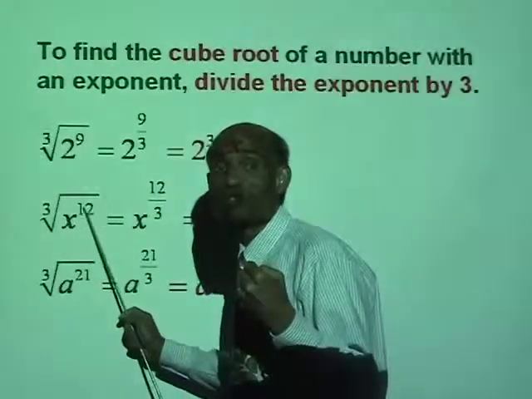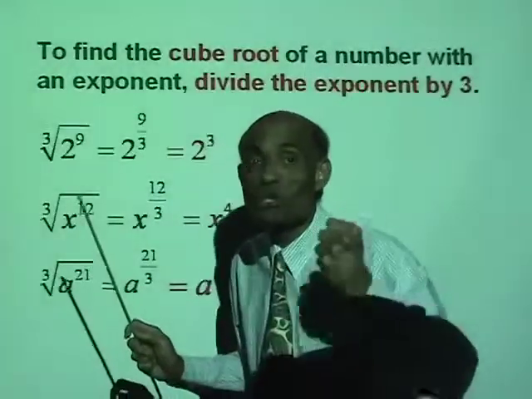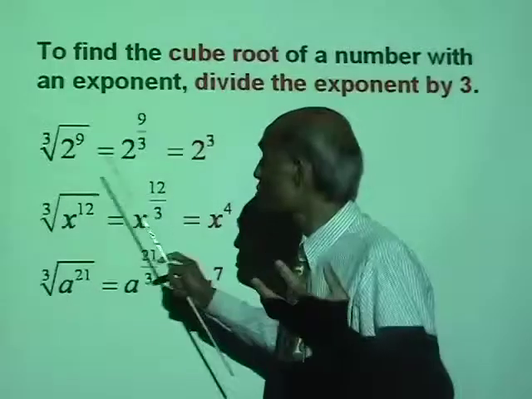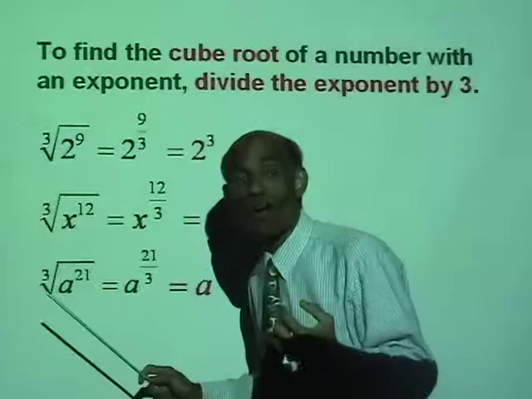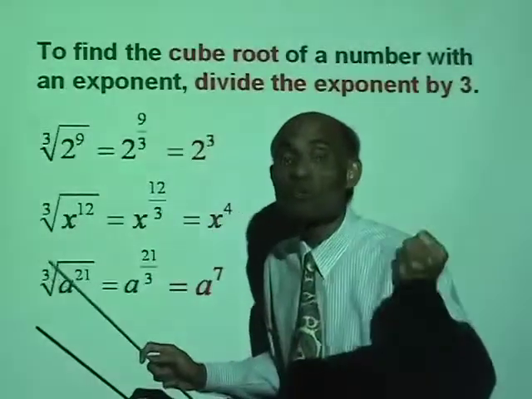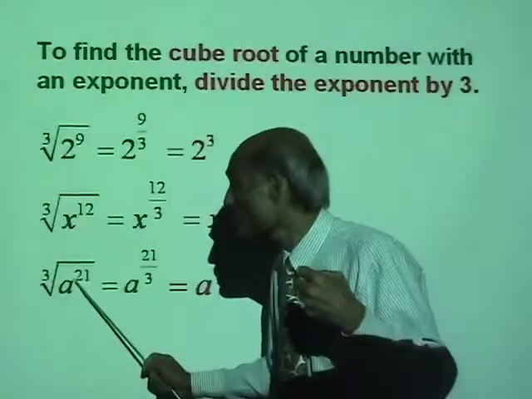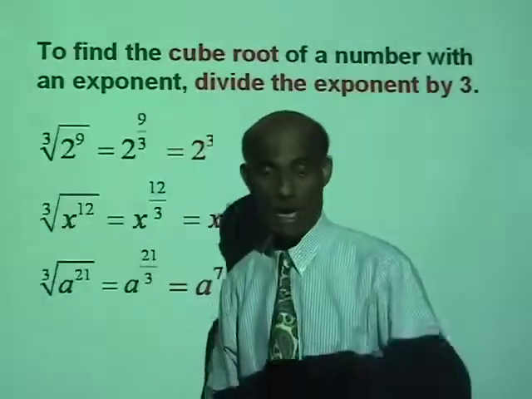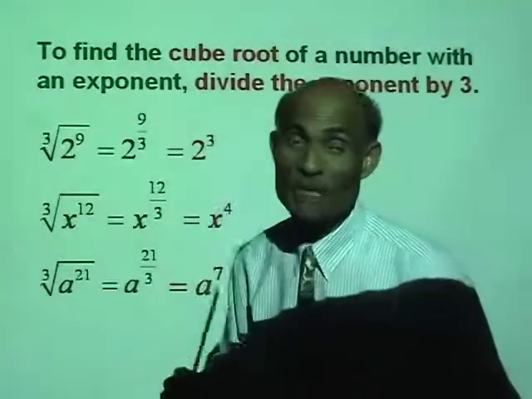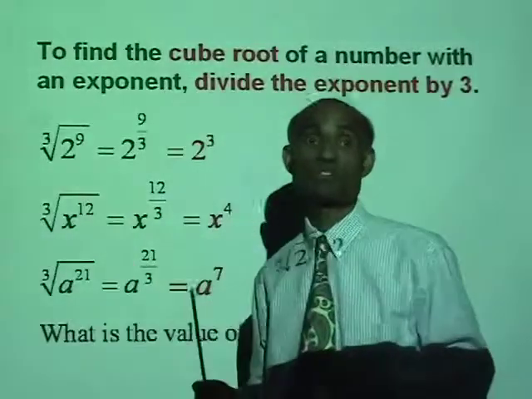X to the power of 12 is a perfect cube. You can find its cube root. A to the power of 21 is a perfect cube. Why? Because the exponent can be divided by 3. Okay. Keep that in mind. We are going to use that very, very soon.